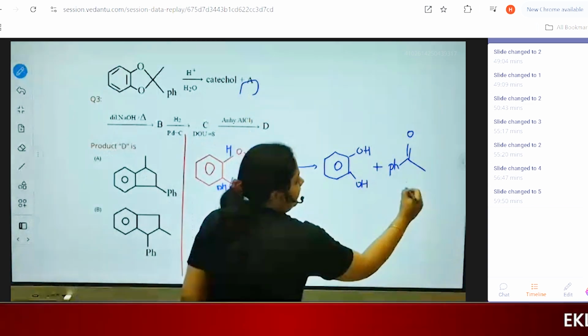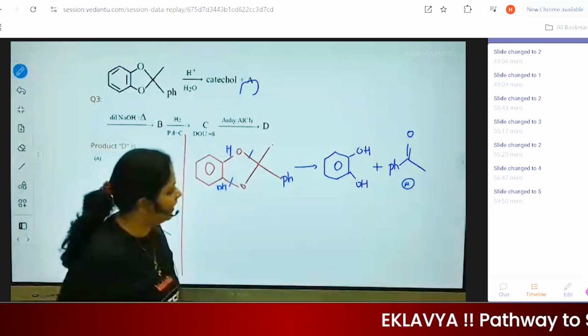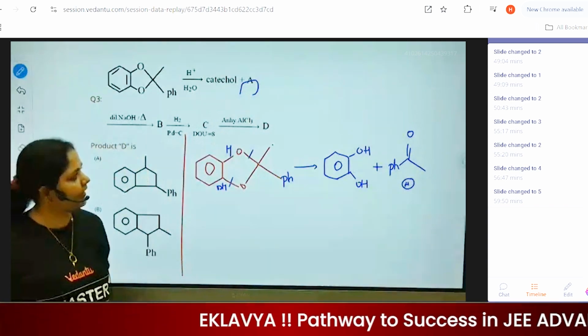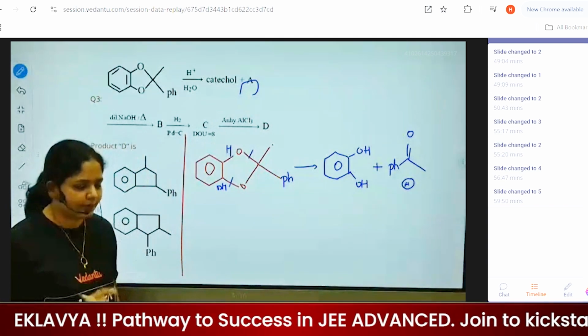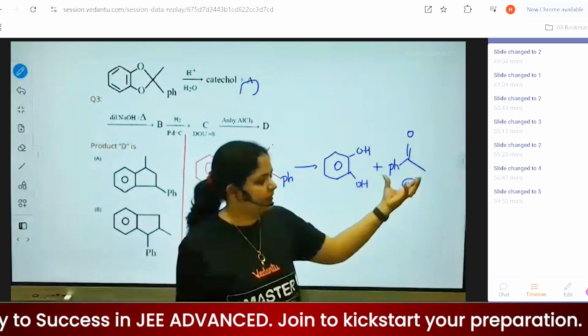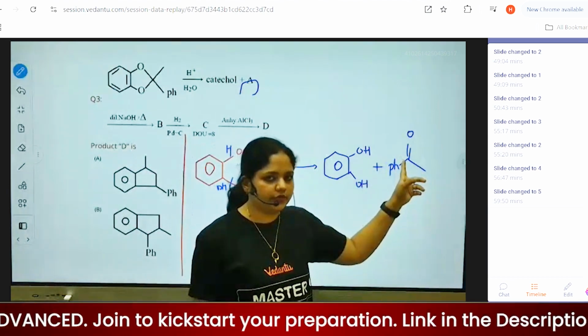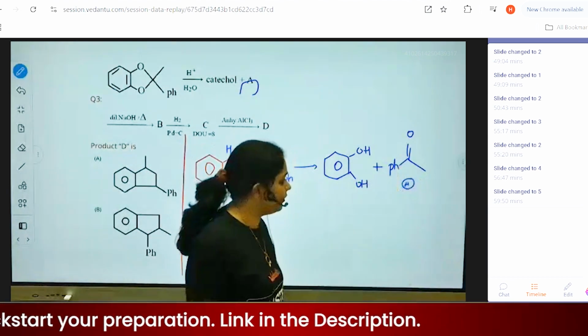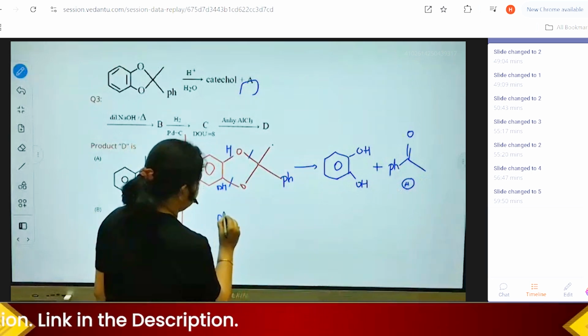This is A. Next, this A is reacting with dilute NaOH and heated. Remember, here I have a carbonyl compound, a ketone basically.